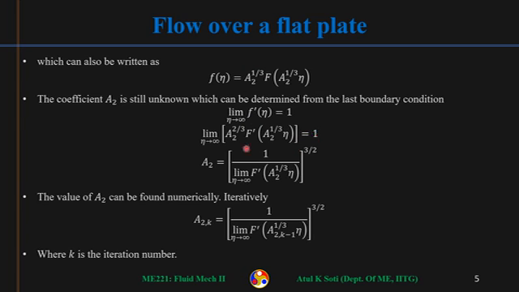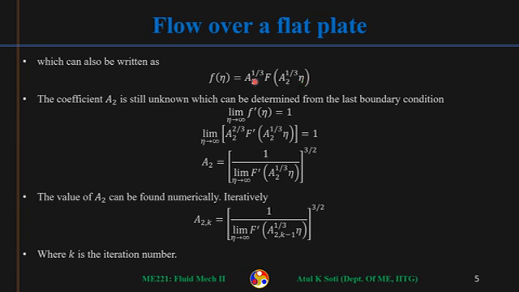Okay, so limit eta tends to infinity, this is just a constant, this can be taken out, and when you take the derivative, you need to find f prime eta. So this is f eta. When you take the differentiation, this coefficient will come out and you will get f prime of this whole thing.